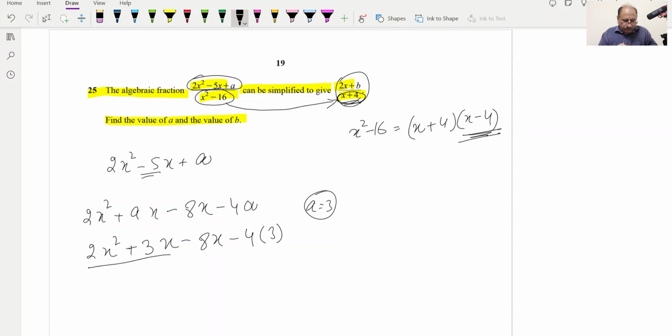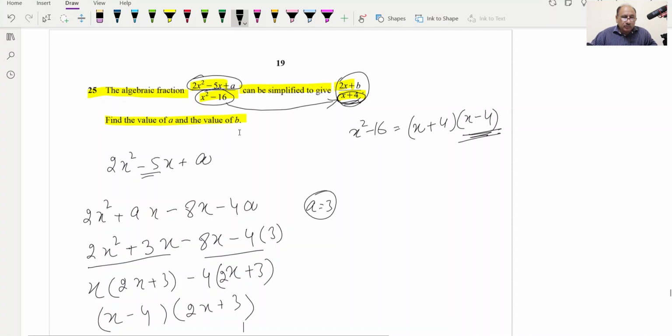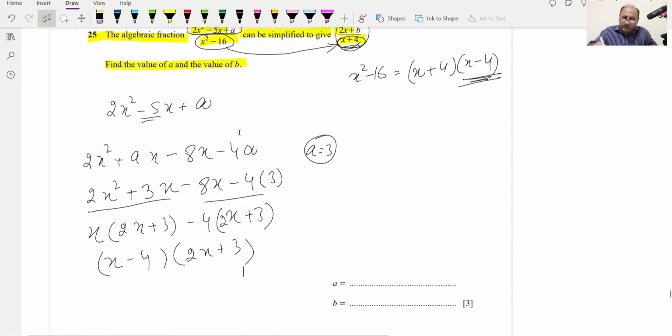So if we factorize, x will take common, so it will be 2x plus 3 and minus 4 will be common, so it will be x plus 2x plus 3, and we will get x minus 4 and 2x plus 3. So basically the same hint we use to reach to this one.